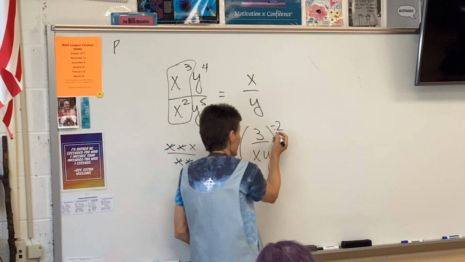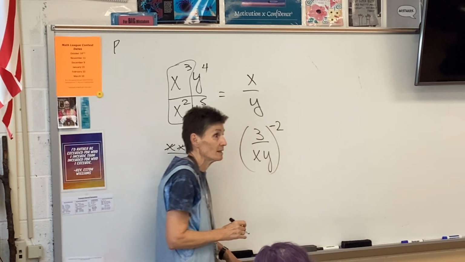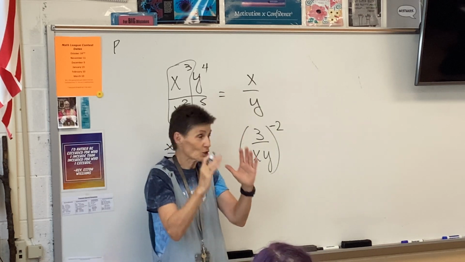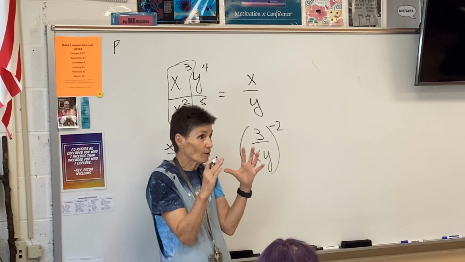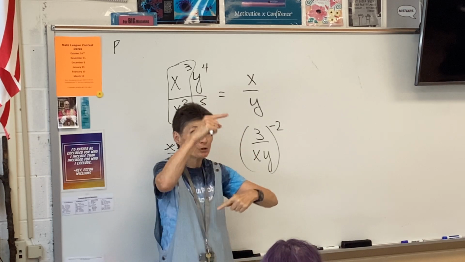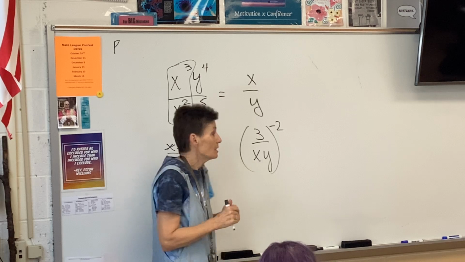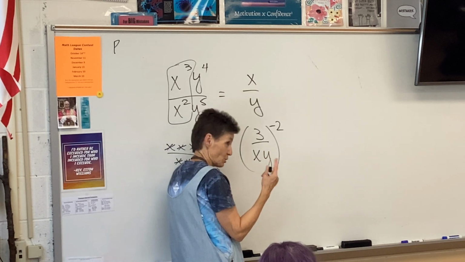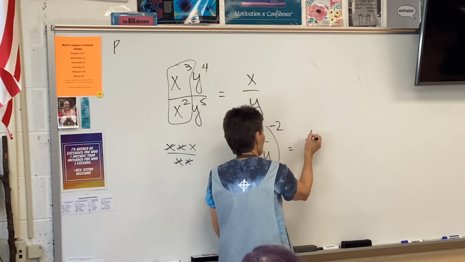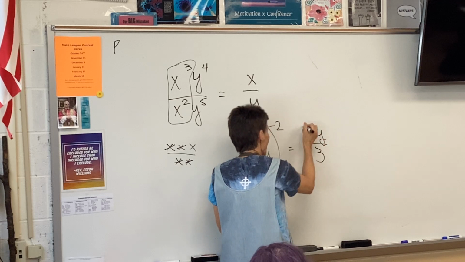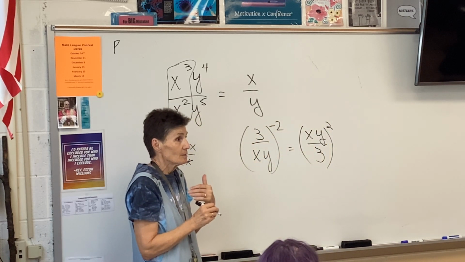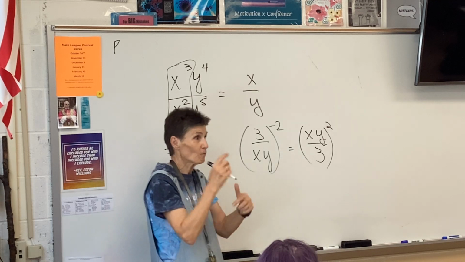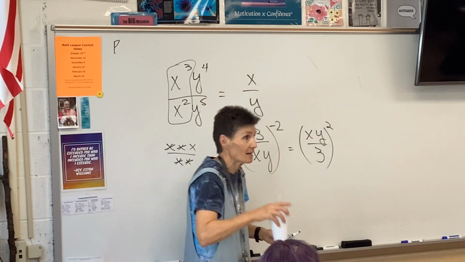So when you put a negative exponent on a fraction, and that's what's happened here, it's going to flip your fraction. So step 1 is gonna be, we're gonna flip that fraction, and now the power is just a plain 2. When you flip the fraction, that's how you make the exponent positive.